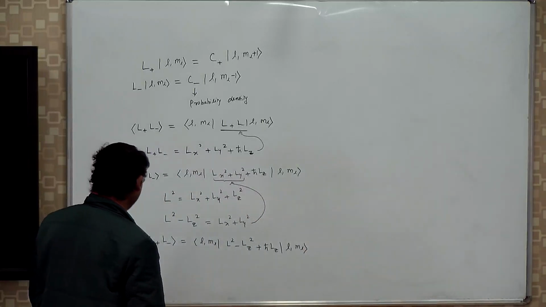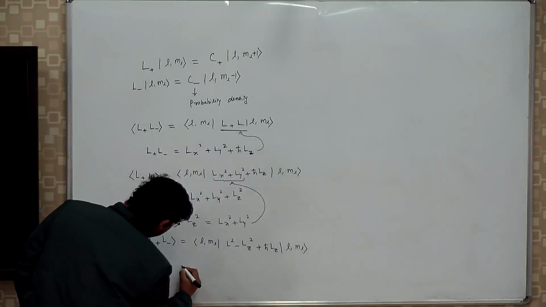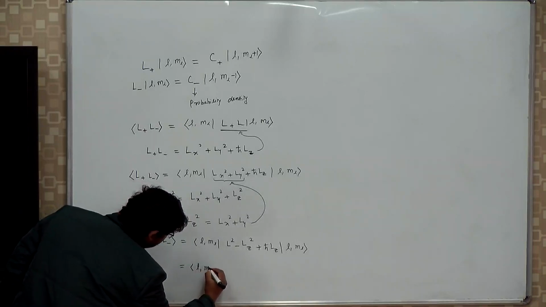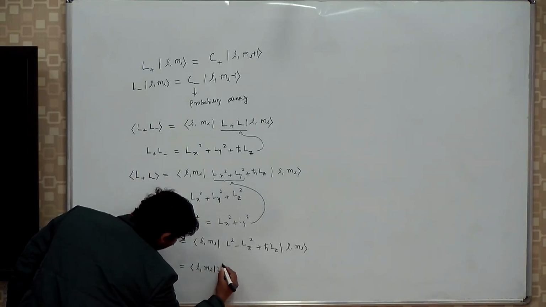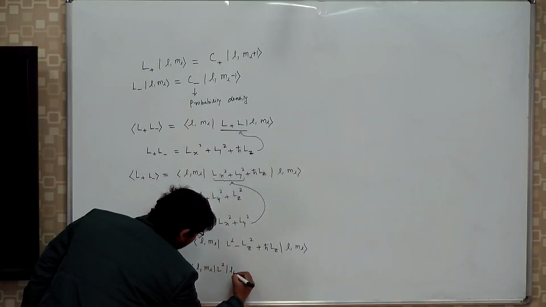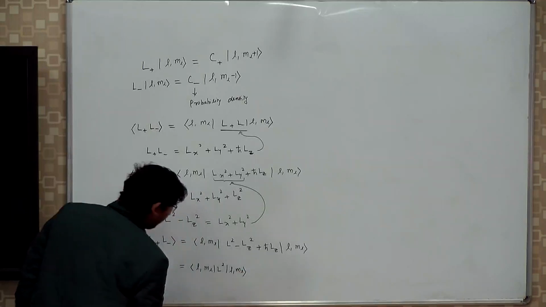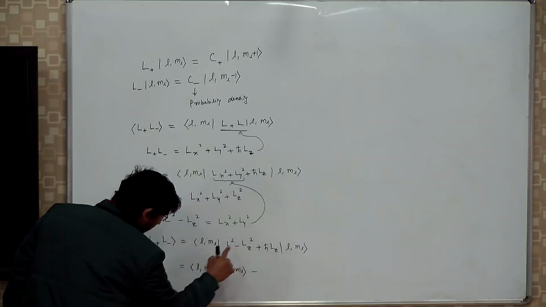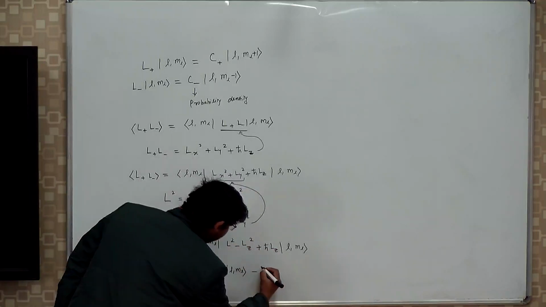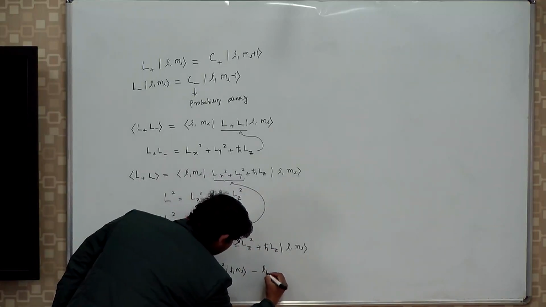Now we have to expand the term. The first term is <L, ML| L square |L, ML>, and then with a negative sign <L, ML| Lz square |L, ML>, putting ket and bra vectors for each and every term.